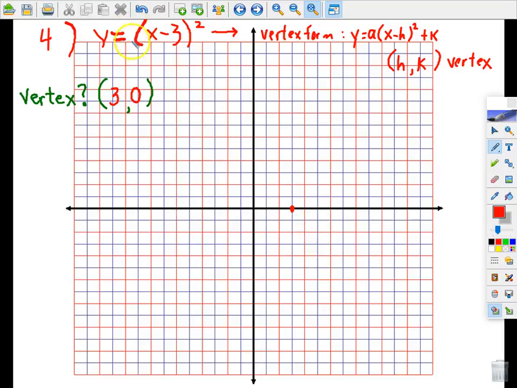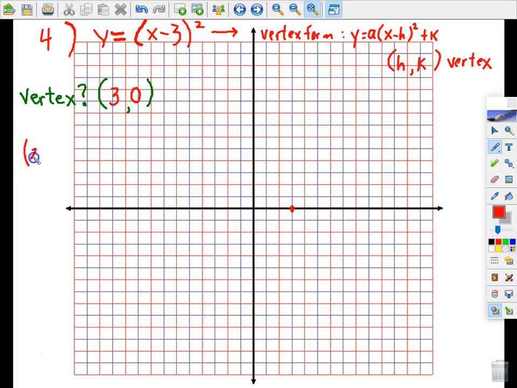And it's going to open up because the a number, which is understood to be 1, is positive. Okay, and now I'm just going to do some inputs using numbers around my axis of symmetry, which is x equals 3. Let's input 2 for x.